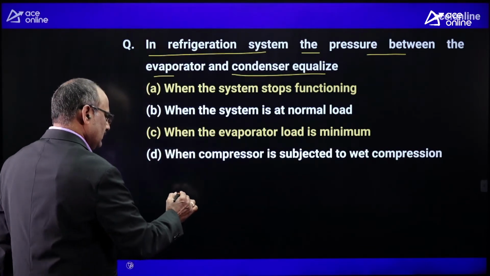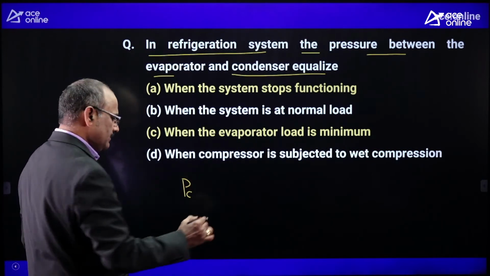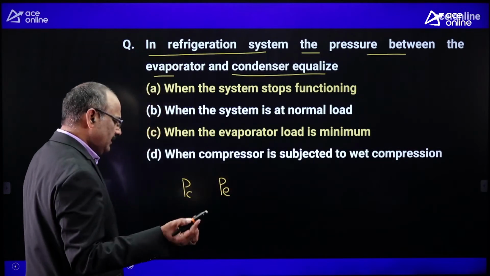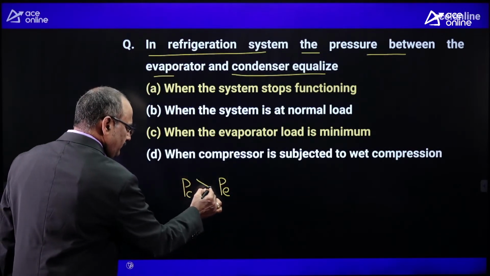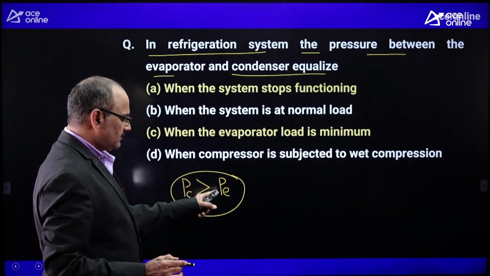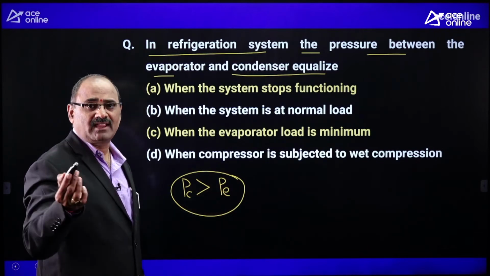If I say the pressure of the refrigerant in the condenser is PC and in the evaporator is PE, the pressure in the condenser is always more than that in the evaporator, as long as it is working.